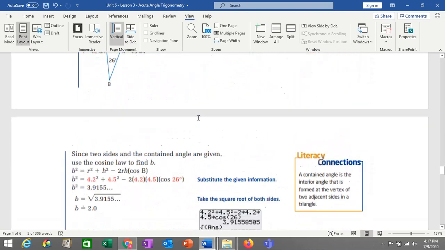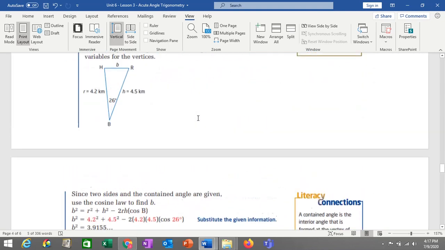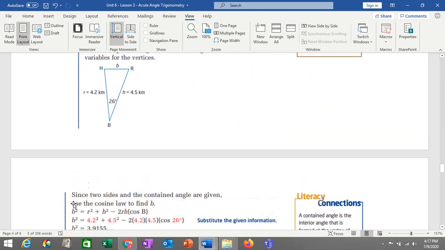Okay, going down. The formula is b squared equals r squared plus h squared minus 2rh cos b. So how do you know where to put all these letters? Well, you've got the case where you have 2 sides and an angle in between them.